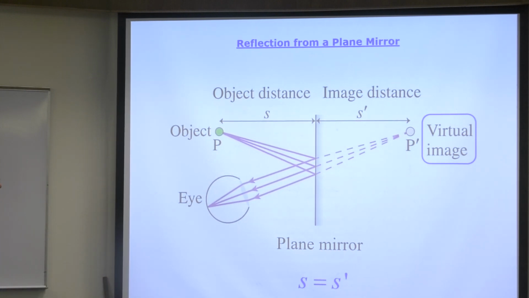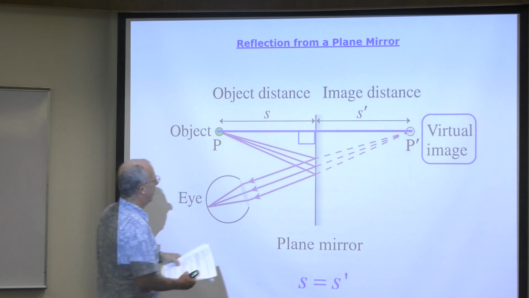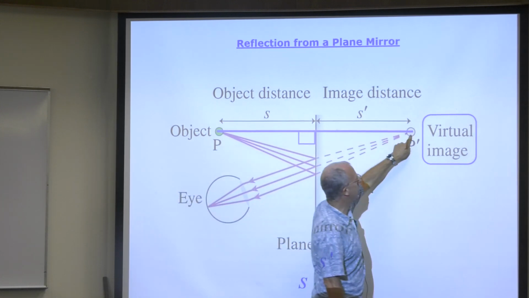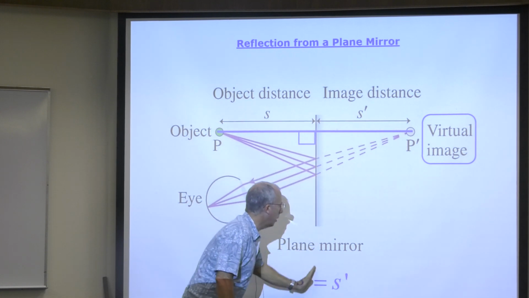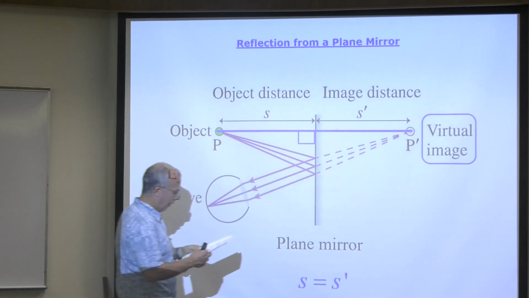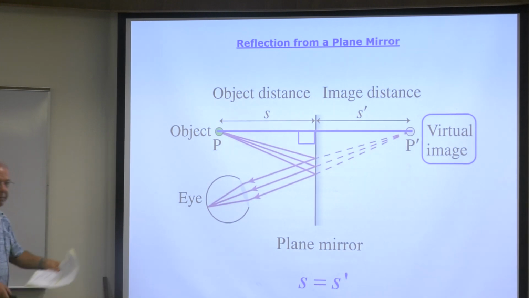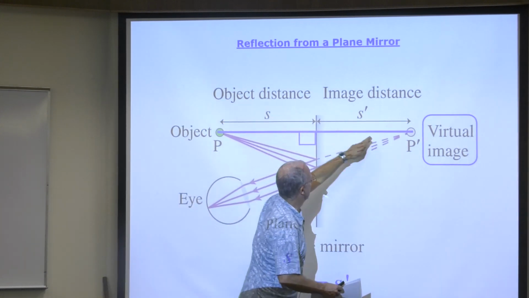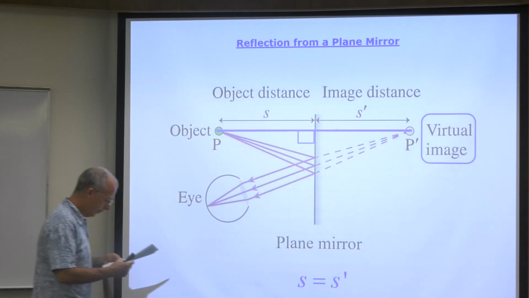What else do you notice? You can make a line from the object to the virtual image, and you can see that it's perpendicular to the mirror. There's a right angle. So that's really all there is to it for a plane mirror: always a virtual image, this distance equals that distance, and the line is perpendicular to the mirror.